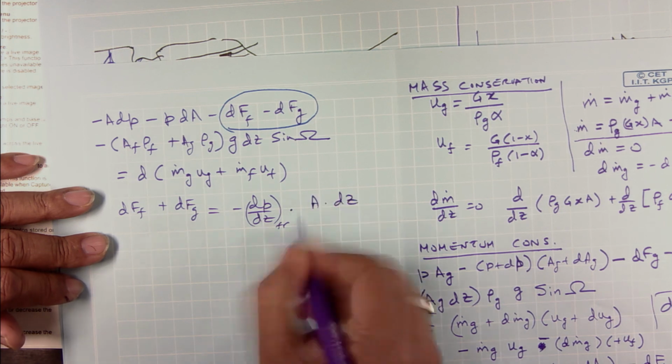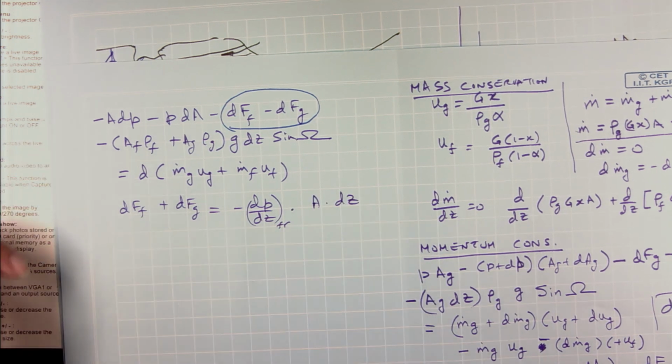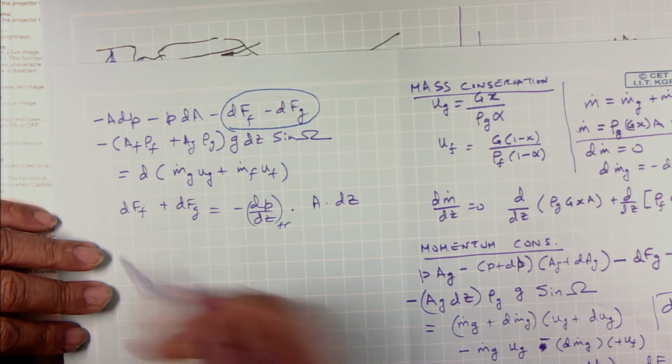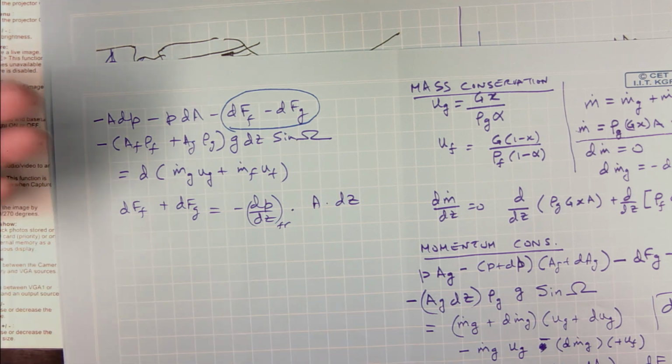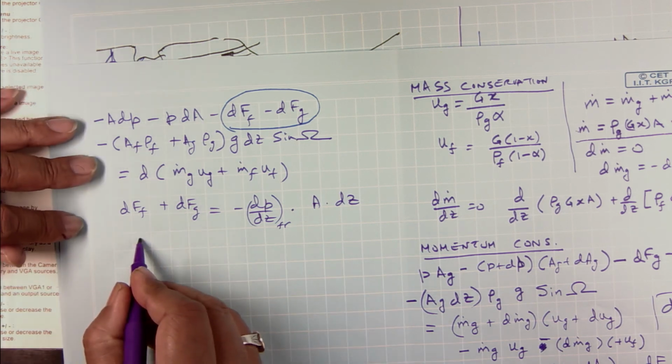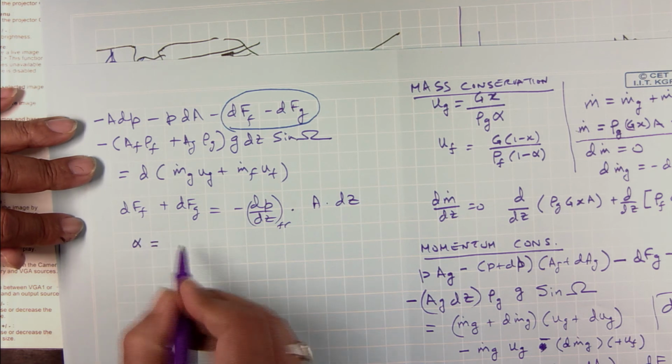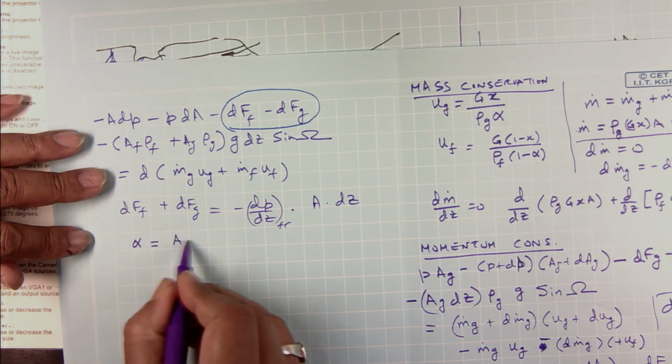I do not know what that is, I am going to calculate that a little down the road. And then the other approximation, or juggling of mathematical quantities, I am going to do is introduce void fraction. So, void fraction is A_g by the total area.